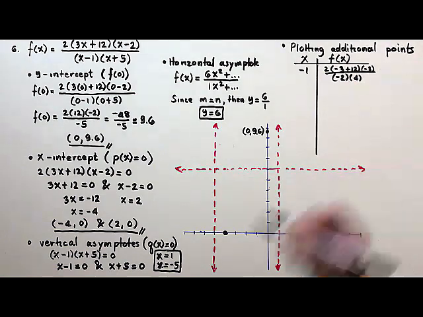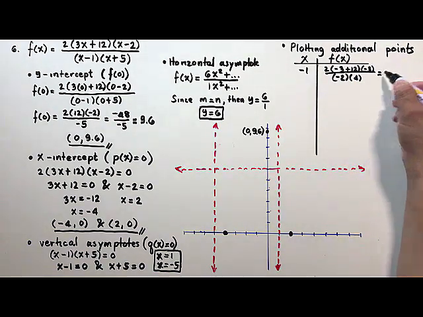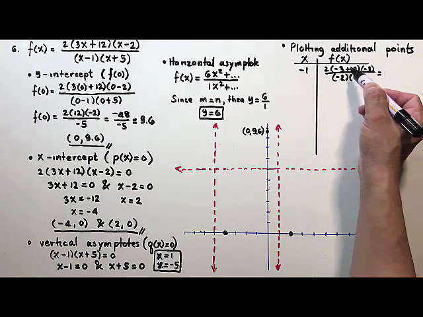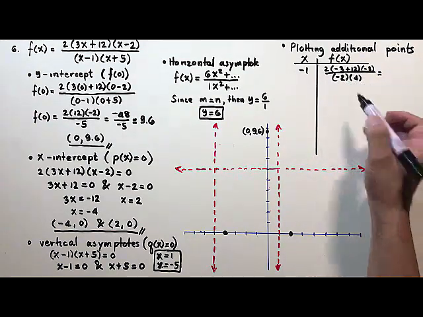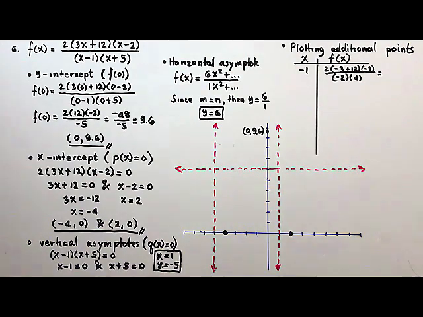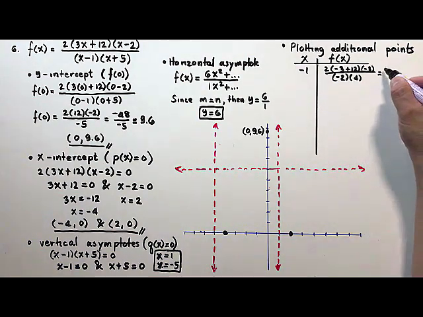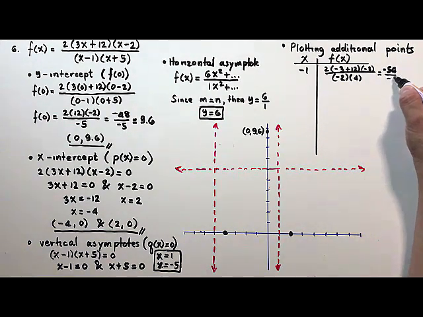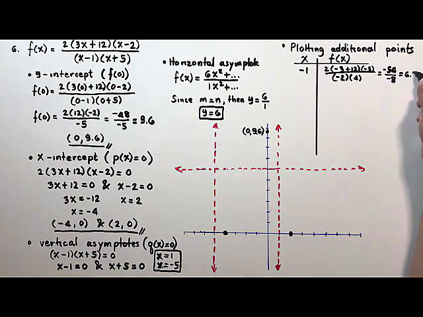So this is equal to 2 times negative 3 plus 12, and 12 minus 3 is 9. So 9 times 2 is 18. And 18 times negative 3 is negative 54. And this will be divided by negative 8. If you have your calculator, this is equal to 6.75.